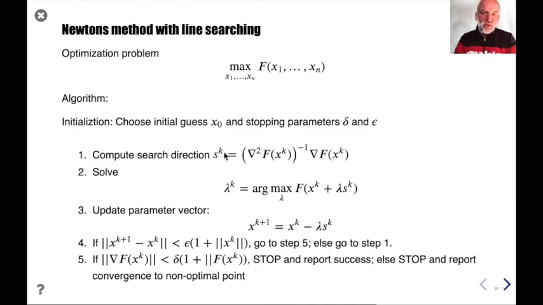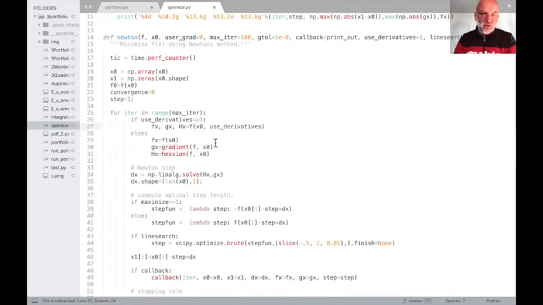Once you have that, you can calculate the search direction s. In the code, that is called dx. I should probably have made a one-to-one relationship between coding names and names in the slides, but you can make that abstraction. And here I'm doing that by solving this linear system, of the Hessian times the search direction equal to the gradient.